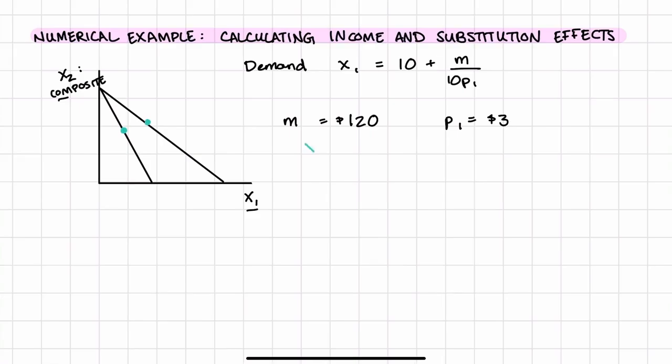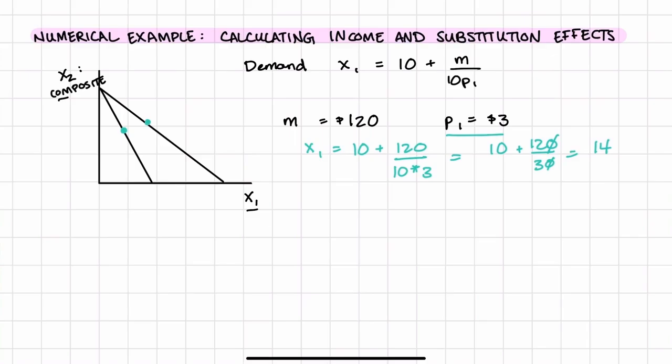We would have x1 equals 10 plus 120 divided by 10 times 3, which is 10 plus 120 over 30, which is 10 plus 4, or 14. We get 14 units of x1 under the price of good one being $3.